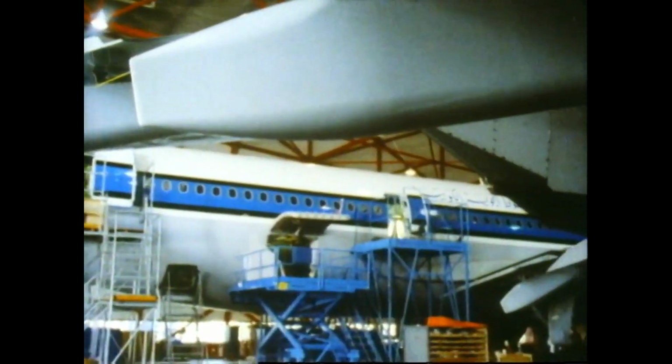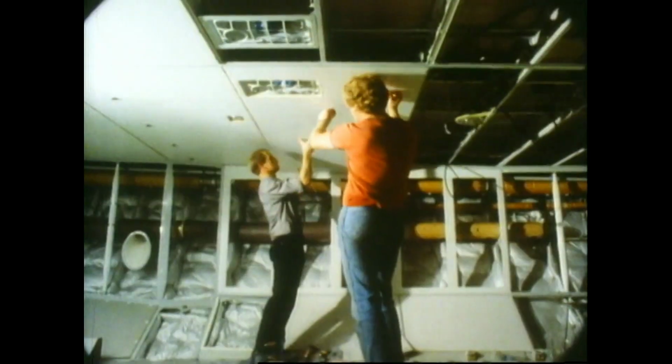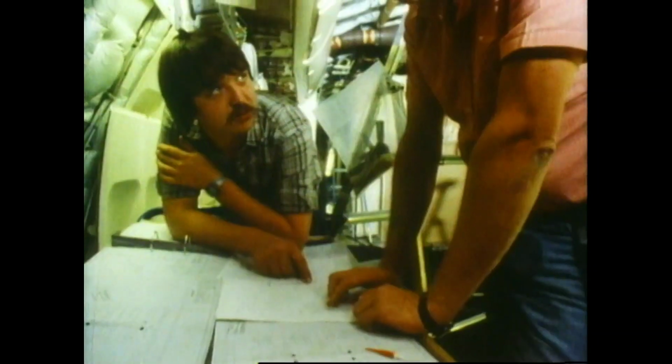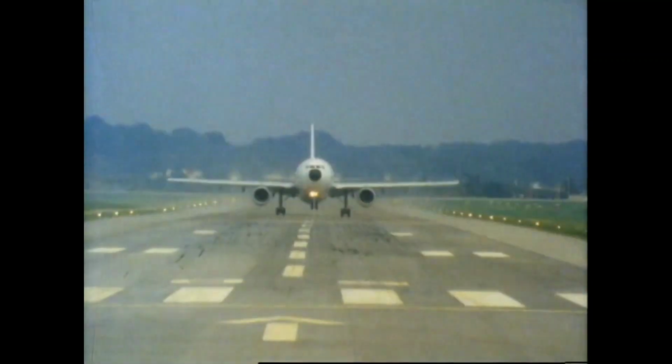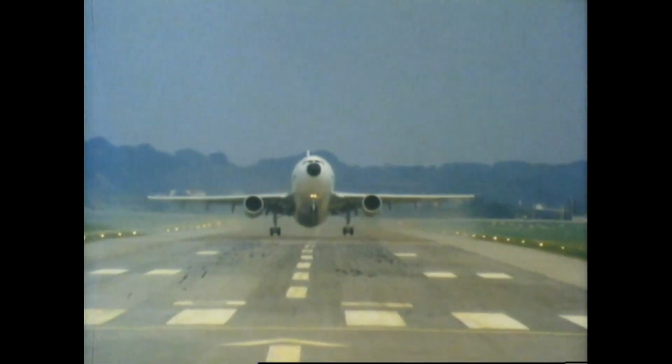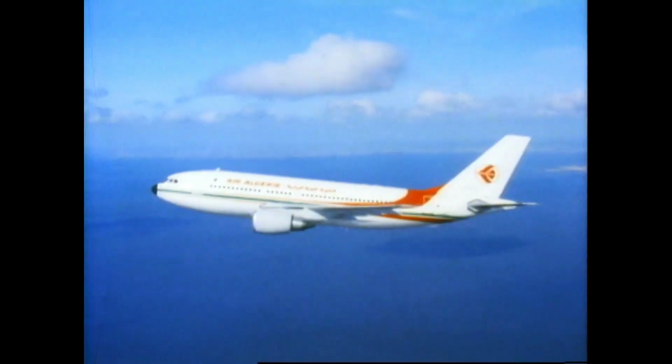These Airbuses are built in cooperation with other European countries. They are sold to airlines around the world.